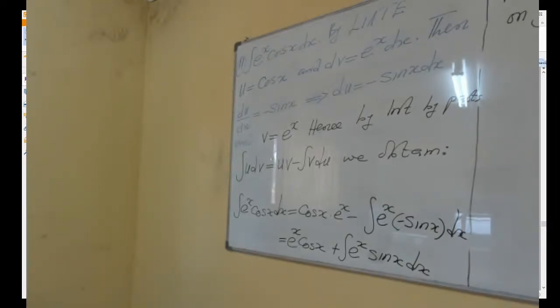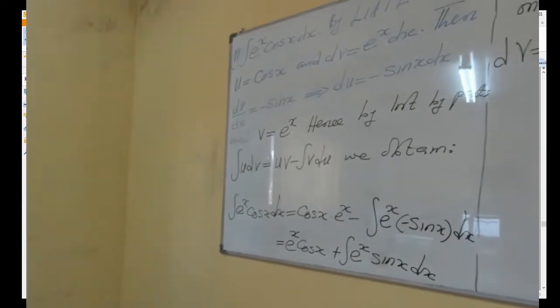Again, we let our u be the sine of x, and our dv is going to be e to the power x dx. Then our du, the derivative of u with respect to x, is equal to cosine of x, because the derivative of sine of x is cosine of x. So when you simplify, you get the cosine of x dx.